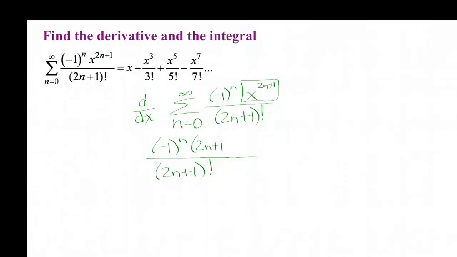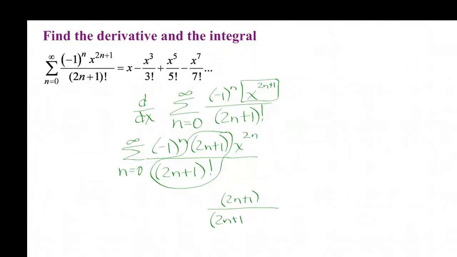Everything else is a constant as far as x is concerned. So the power pops down front. We reduce the power by 1. 2n plus 1 minus 1 is just 2n. This is still an infinite series. So we are asked to do that sometimes. If this were a multiple choice, I want you to understand that this would clean up. We have 2n plus 1 over 2n plus 1 times 2n times 2n minus 1, and so forth, right?